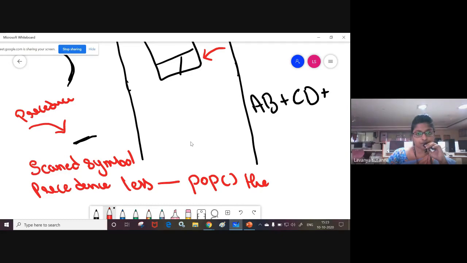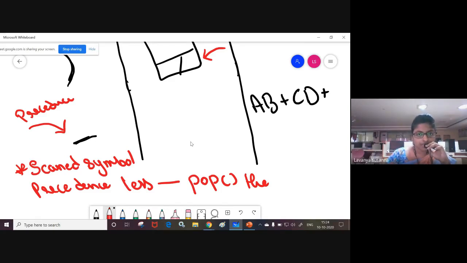I hope you understood, students. What is the scanned symbol here? Minus. The precedence of minus is very less, divided by precedence is very greater. When the scanned symbol's precedence is less, this is important, students, you need to pop the element and add it to the postfix array.